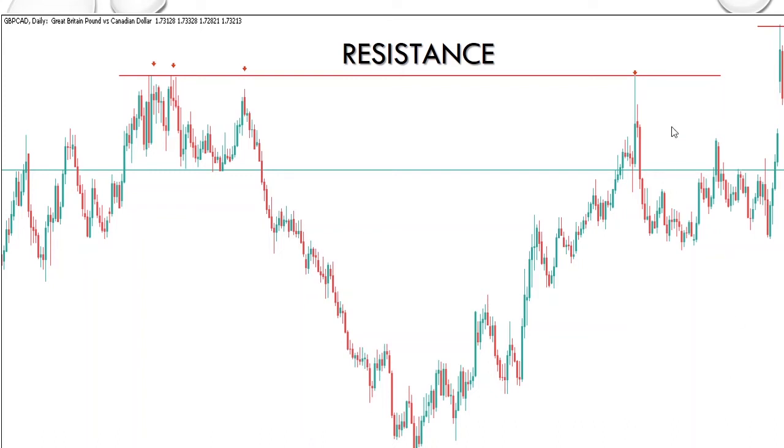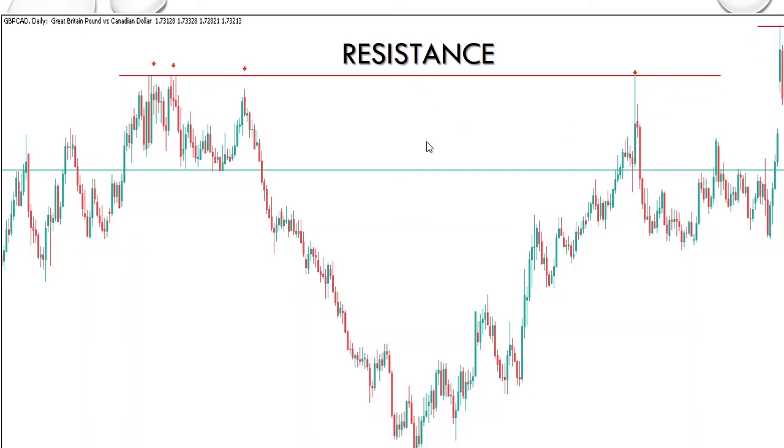Price came, it rejected, obviously, and it gave you a little bit of winnings. You went to bed, you went to sleep, you were happy, and then before you came back the following day, bam, price had already taken you out just at this point.